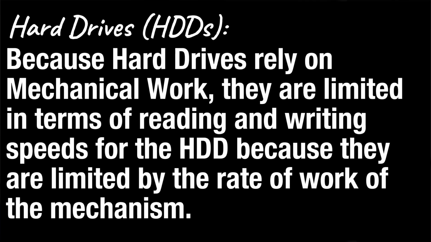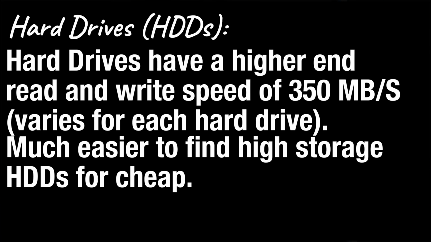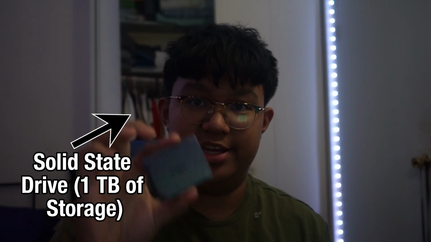But in turn, the read and write speeds are much lower compared to SSDs because they are limited by how fast the mechanical work is able to be done. And in turn, they can only write about 350 megabytes per second on the higher end. However, in terms of high storage hard drives, they are much cheaper and much easier to find than solid state drives with high capacity.